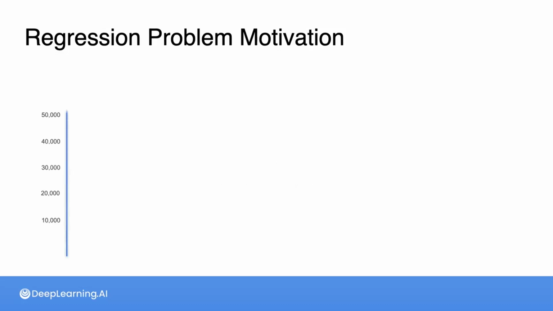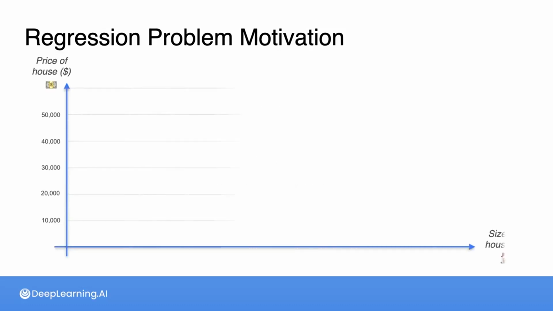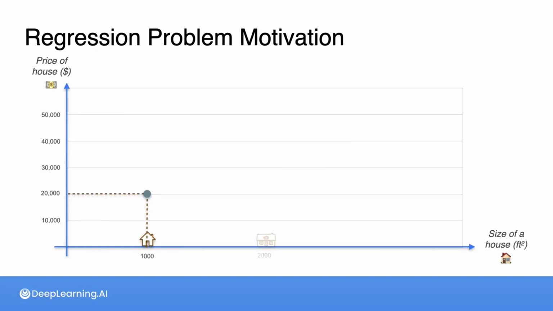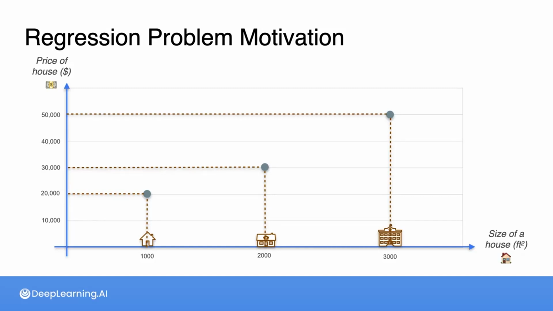So let's say you have data on 3 houses. The first one has 1,000 square feet and it costs $20,000. The second one, 2,000 square feet and a cost of $30,000. And the third house has a size of 3,000 square feet and costs $50,000. And let's say that you have more data points which you plot on this graph.